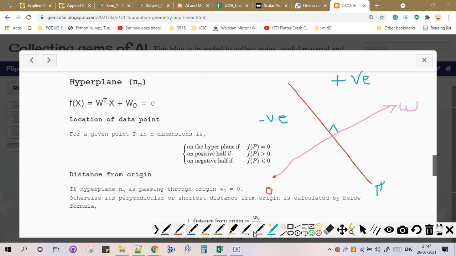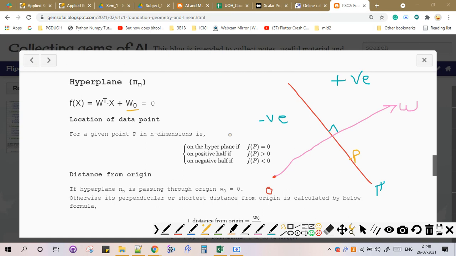And we know, if there is a point, let's say here, let me take another color. Let's say we have point p on the hyperplane, then we know it would be zero, the equation of hyperplane. So f of p is nothing but the equation of hyperplane, which is w1 x1, w2 x2, w3 x3 up to wn xn, right? And plus w0 equal to 0, right?